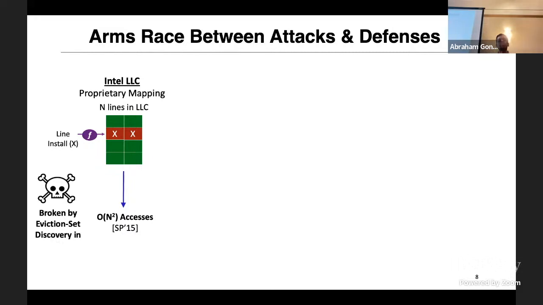And that particular cache got broken by a paper in 2015 that constructed eviction sets in order of n square accesses for a cache with n lines. What this means is, for a typical cache in your processor, you can construct an eviction set in order of minutes or seconds and have a working cache side channel attack.